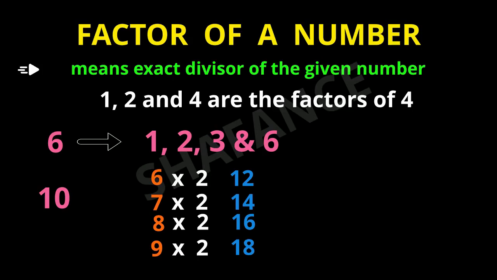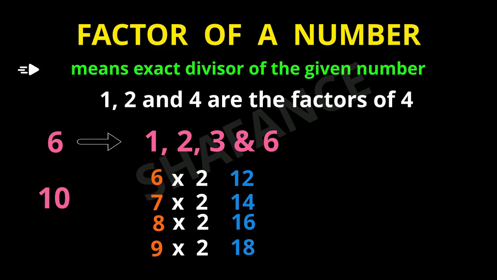The logic is, if we take any number which is greater than half of the given number but less than that number, in this case we have 6, 7, 8 and 9. If we multiply them with the least counting number, that is 1, we won't get the given number, that is 10 in this case. If we multiply them with 2, the product would be greater than the given number because these numbers are greater than the half number, that is, in this case half of 10 is 5.